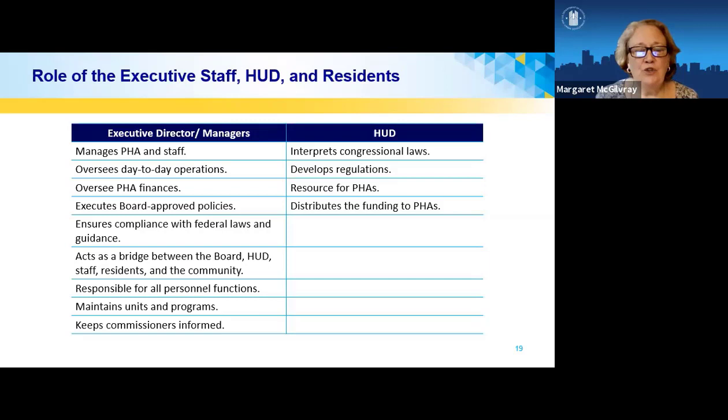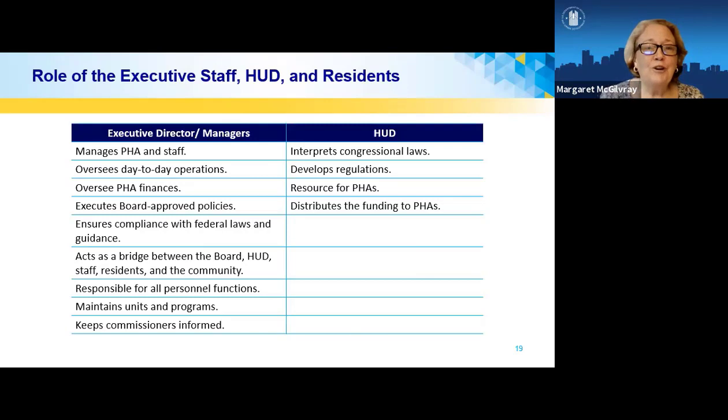Sydney gave you a very comprehensive look at the board's roles, but also understanding the roles of the other entities that are involved, such as the staff or the executive director and HUD. And basically, your role is interacting with the executive director.